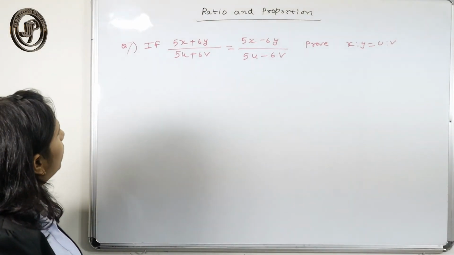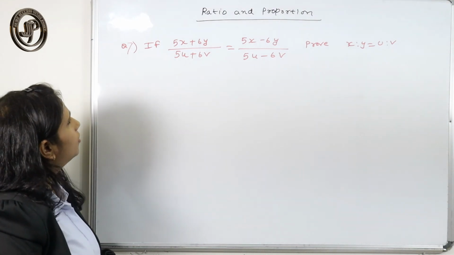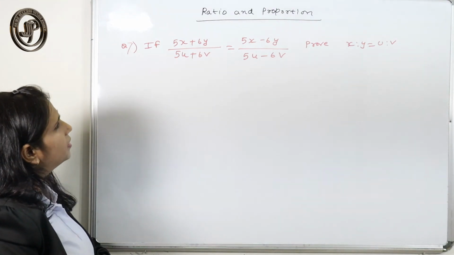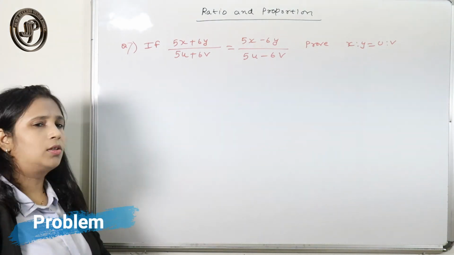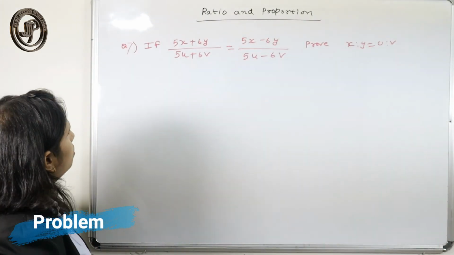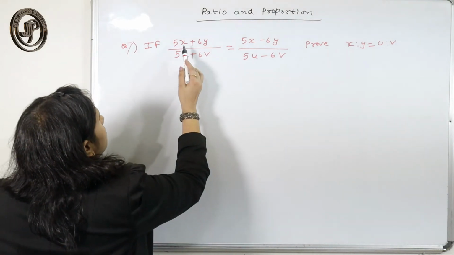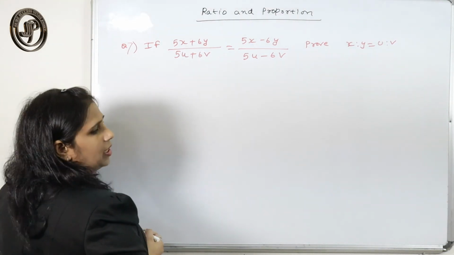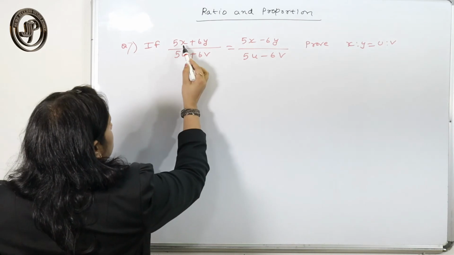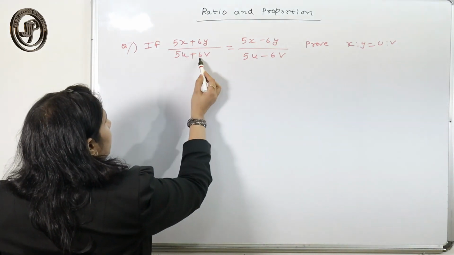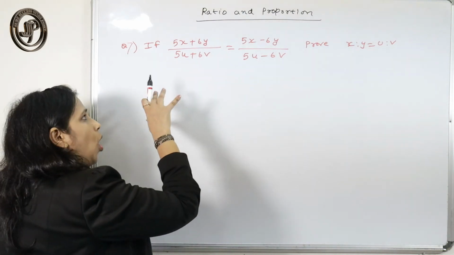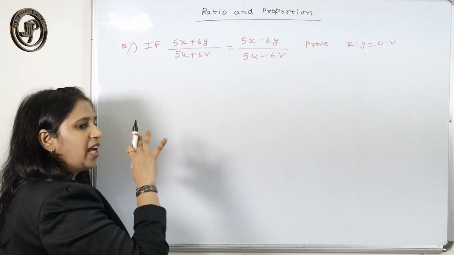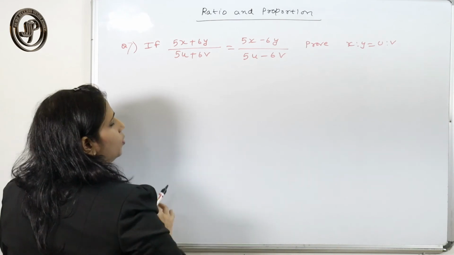So here is one more question. Here this data is given and you have to prove x is to y is equal to u is to v. Since if you use C and D, first x plus y and here u plus v. On one side all the terms should be related with x and y and on the other side u and v.